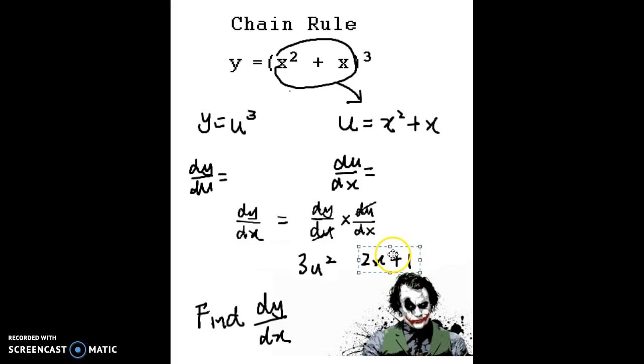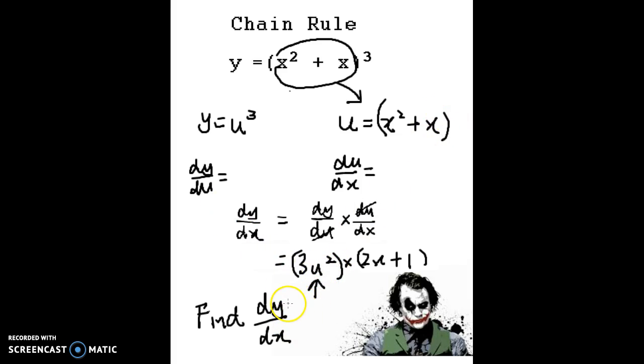Alright, and then multiply them together to get the final answer. Make sure you put brackets around it. Alright, then we're done. The last thing is we need to change u back to x. I know u is this bracket, so I just put u back as this bracket.